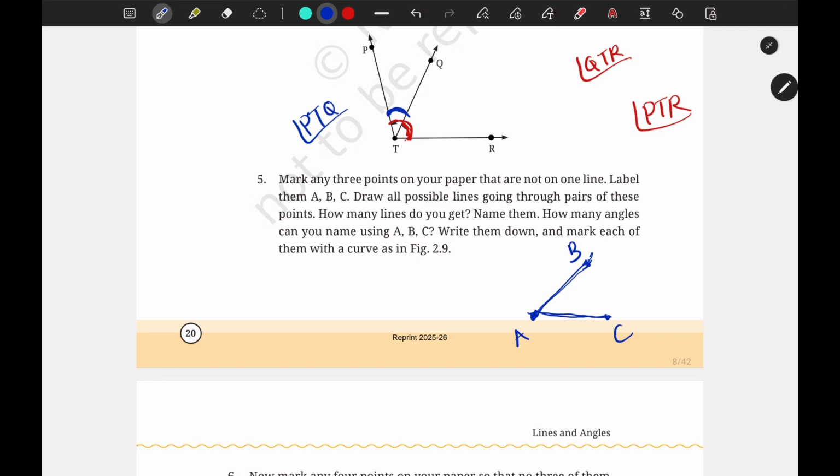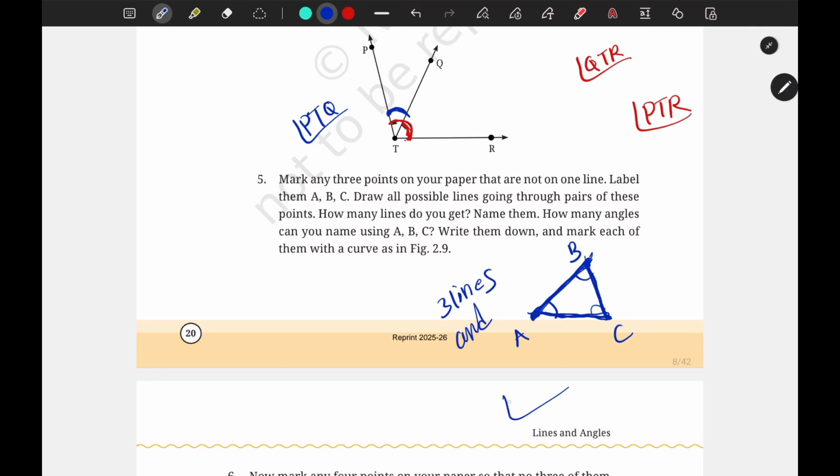So we can get 3 lines and 3 angles. Here is one of the angles, and this is one of the angles, and this is one of the angles.